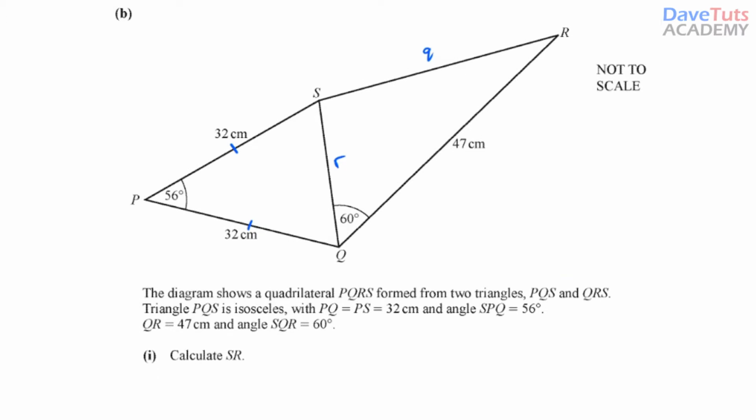Since 47 is the one facing S, I can call this S. Q square is going to be R square plus S square minus 2RS cos the angle Q. This angle 60 is facing Q.